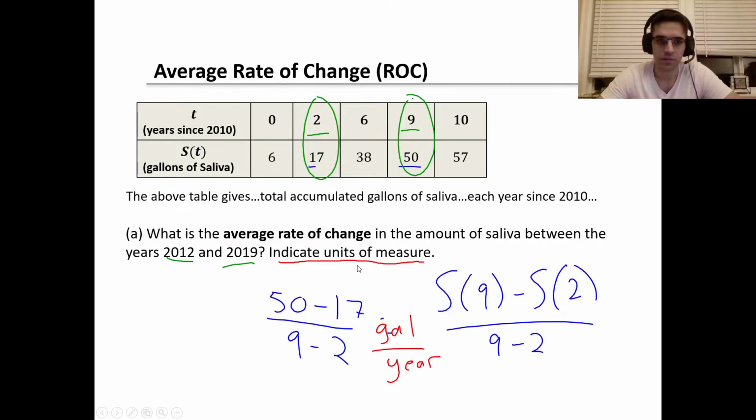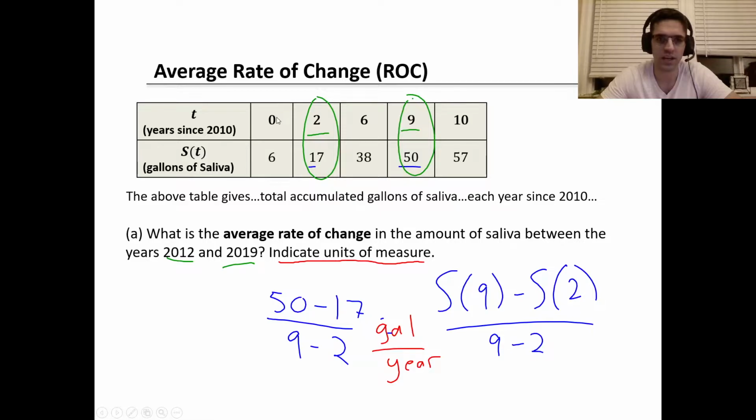All right, so we can find average rate of change from a table. Given some table of information, bizarre as it may be, gallons of saliva, really. The gallons of saliva can be written as a function s of t, with t being the number of years since 2010.